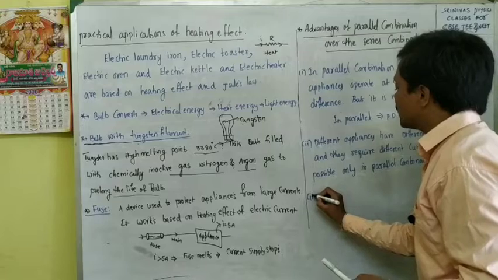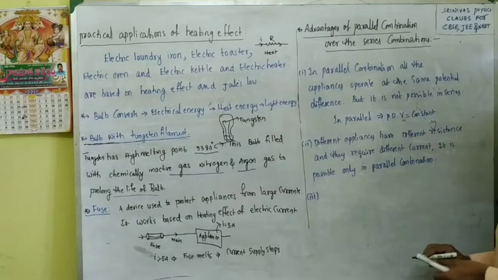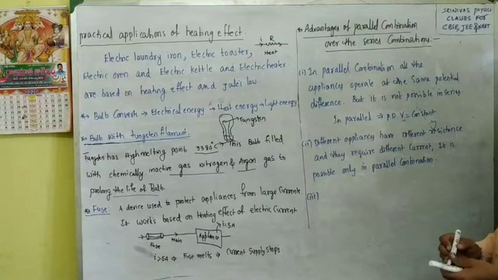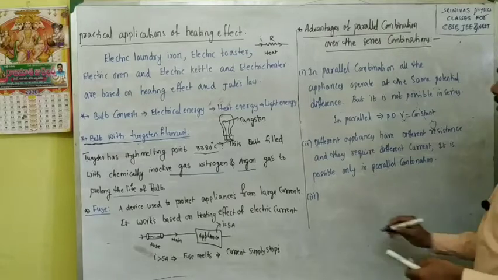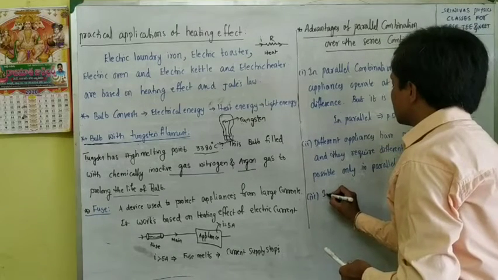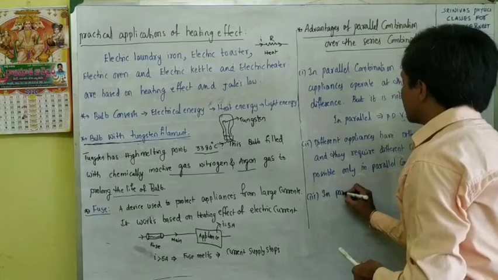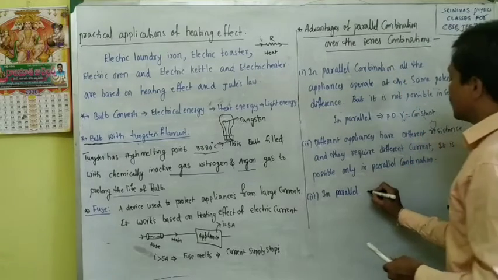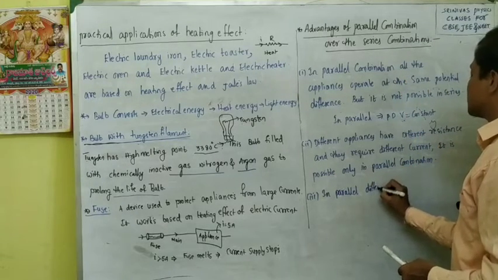And the third point is that in parallel combination we use different switches for the different appliances.